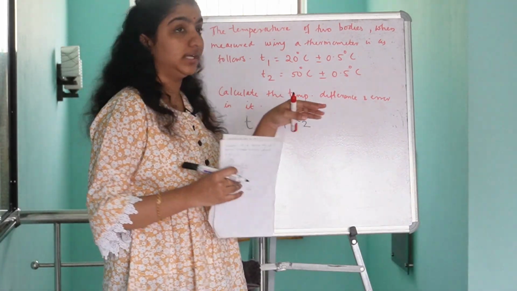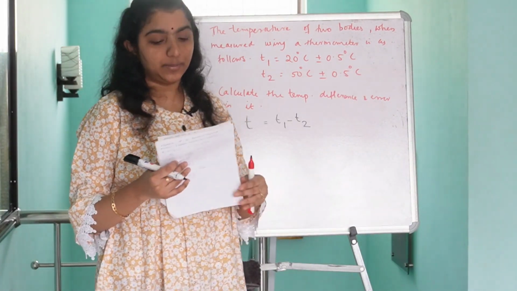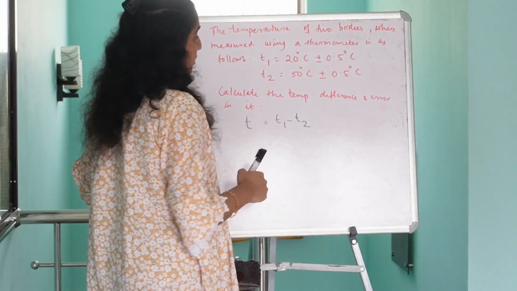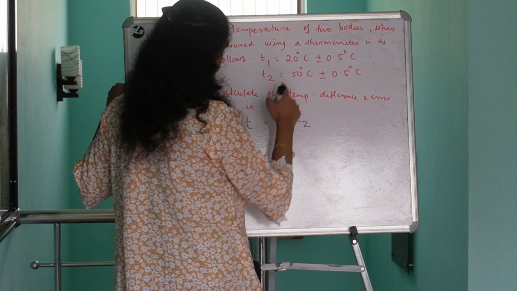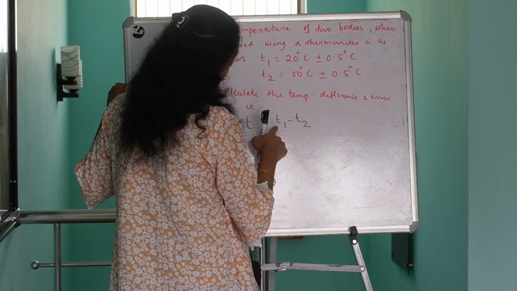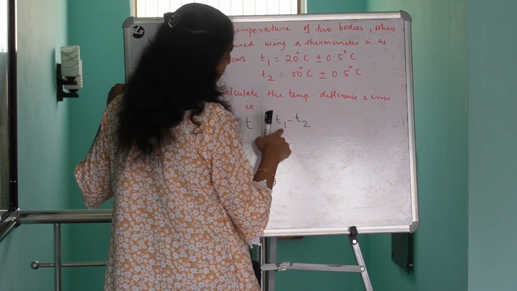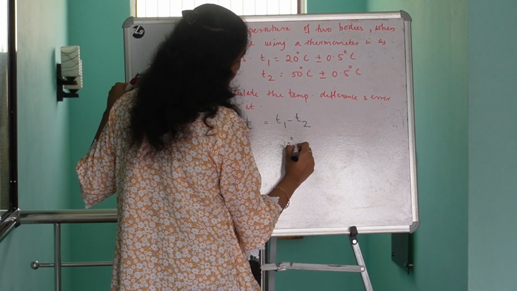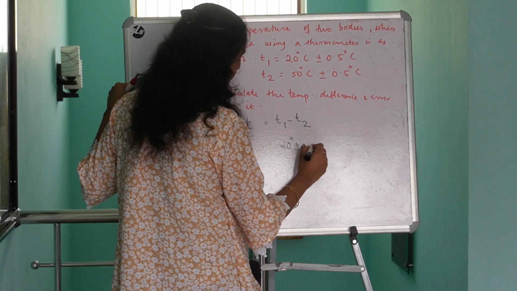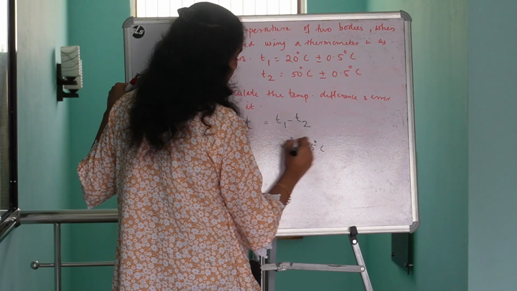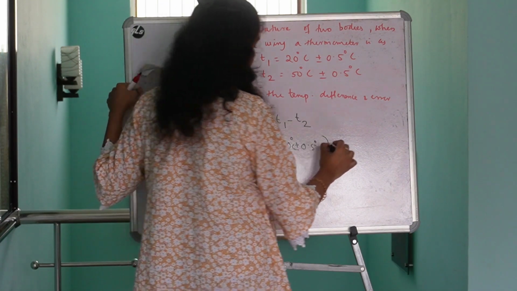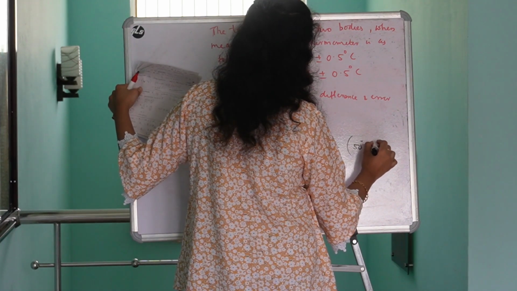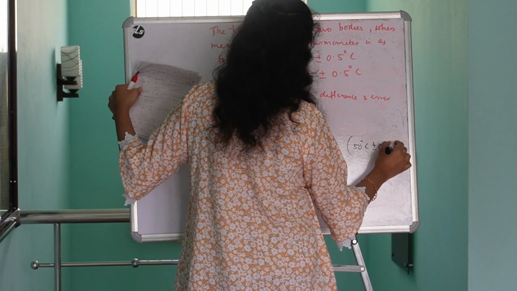We are asked to find the difference between these two temperature values. So here I am going to substitute the values of T1 and T2 respectively. T1 is 20 degrees Celsius plus or minus 0.5 degrees Celsius, minus 50 degrees Celsius plus or minus 0.5 degrees Celsius.